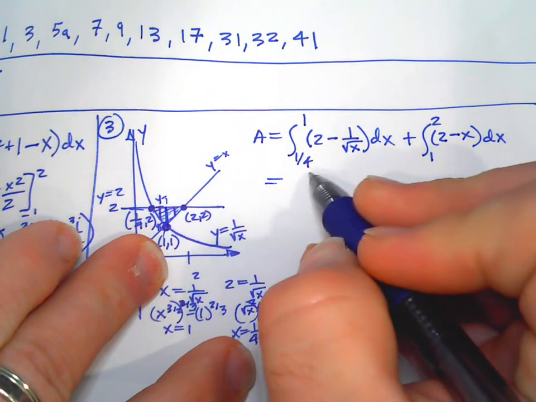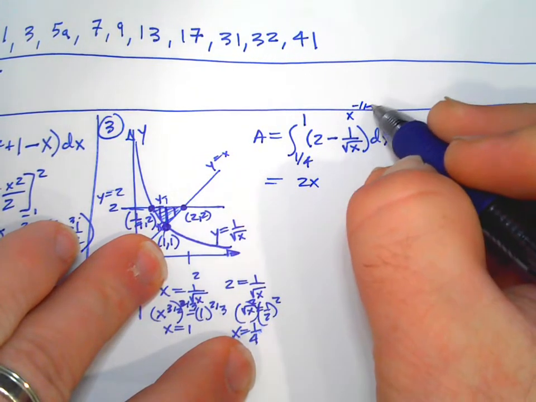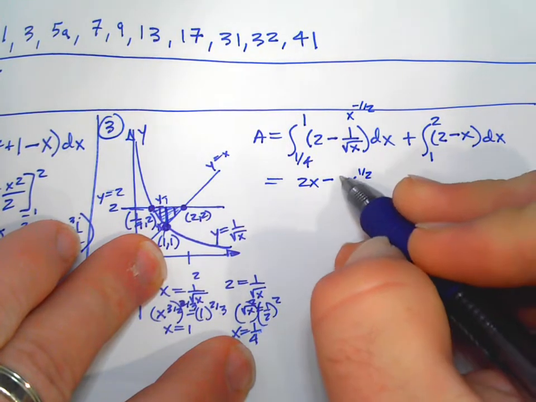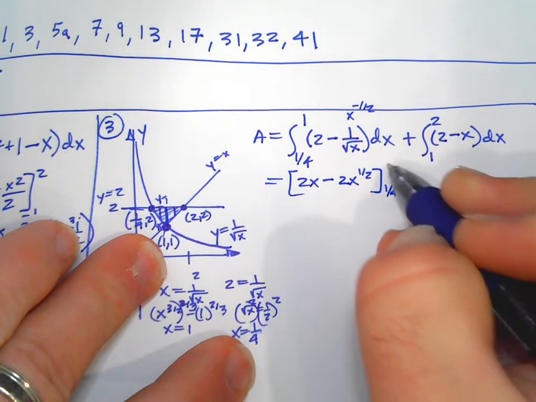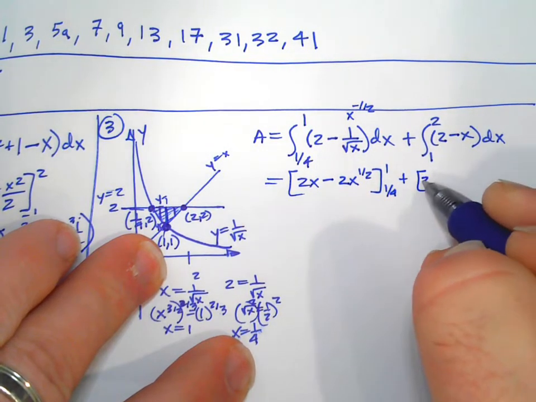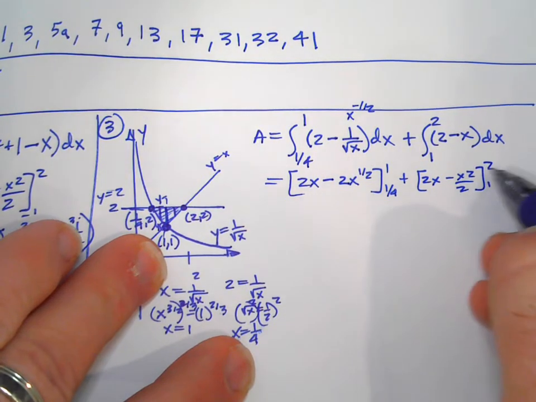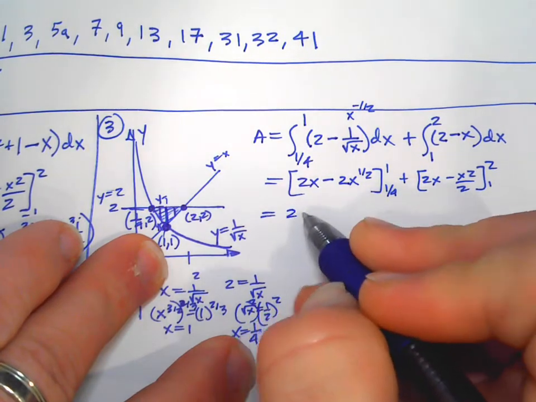I think horizontal slices are going to be better. Integrate this, x to the negative 1/2. So you're going to bump it up 1 to positive 1/2, divide by the new exponent. And this is going to be 2x minus x squared over 2. You go 1, 2. So you plug 1 in here, you get 2 minus 2.